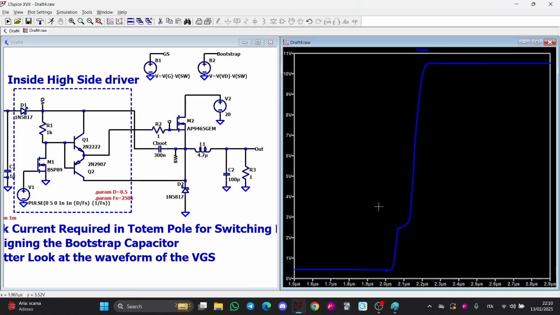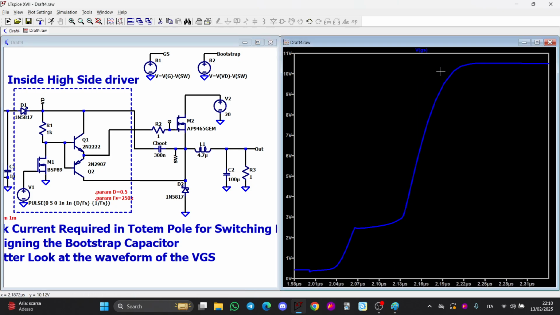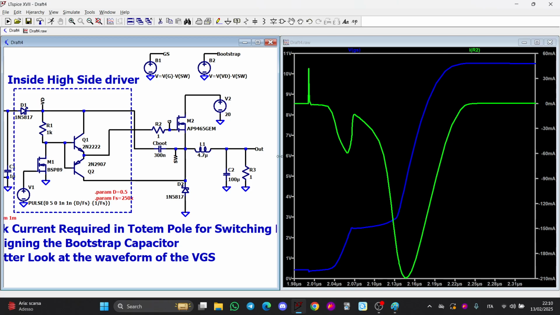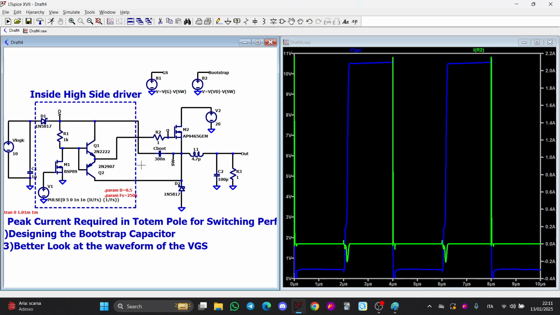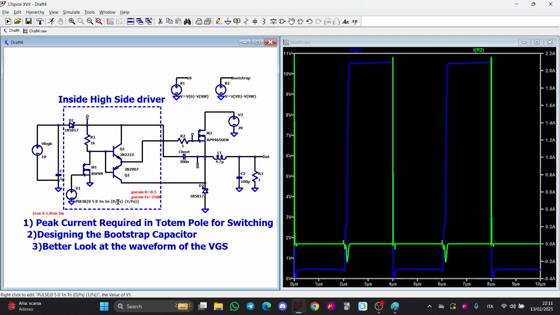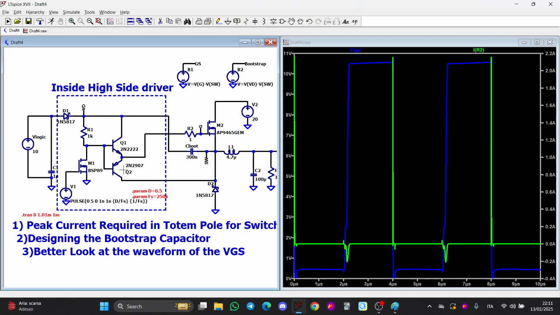Now, as you can see, the plateau voltage is completely different. It is in the range of 3 volts. And also the charge required has changed. So it is a very good benchmark, in my opinion, to test the peak current required, the Bootstrap capacitor, and also the waveform of the VGS.